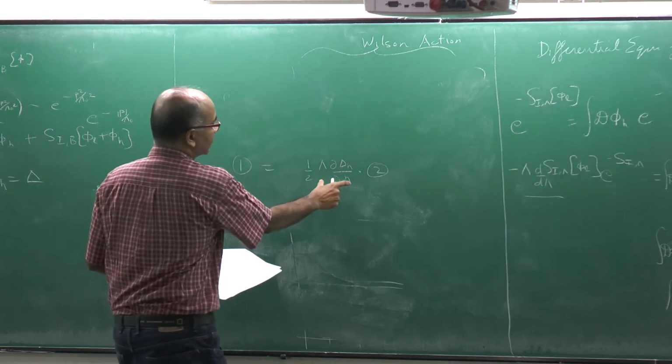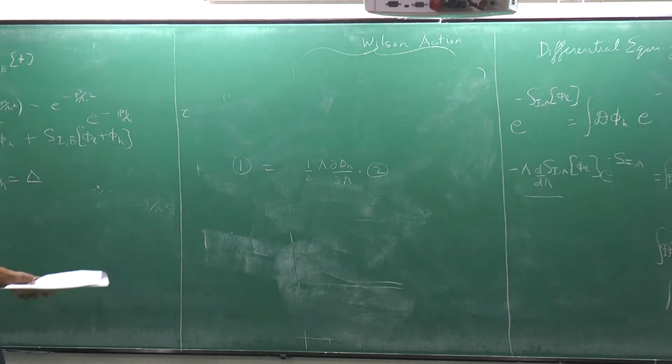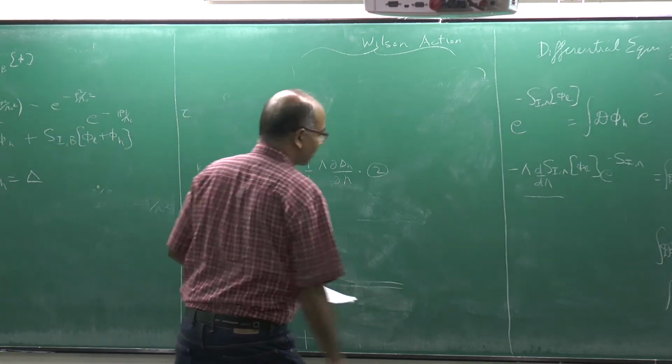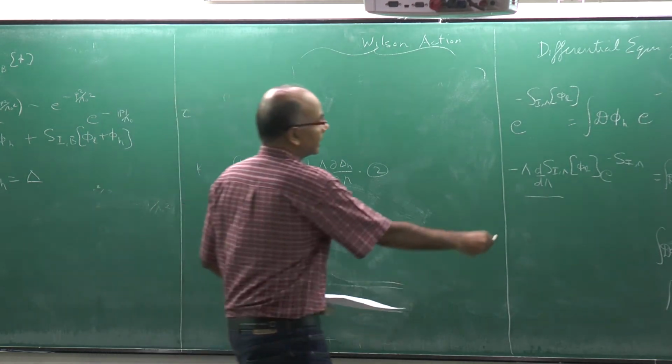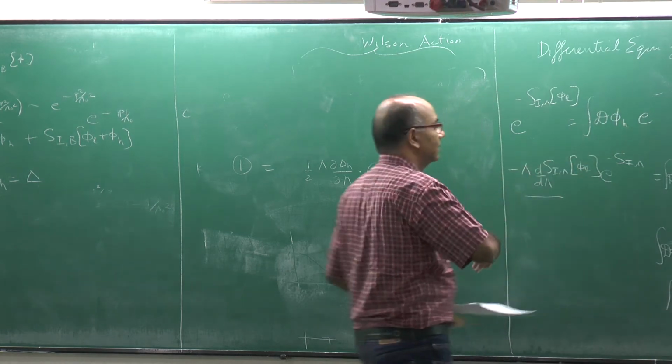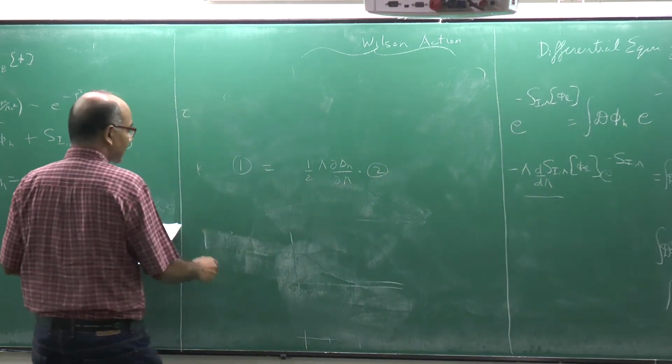This is what we call it, minus delta h dot. So if you write this out now, what we did is to compare the right hand sides. So what do you get?